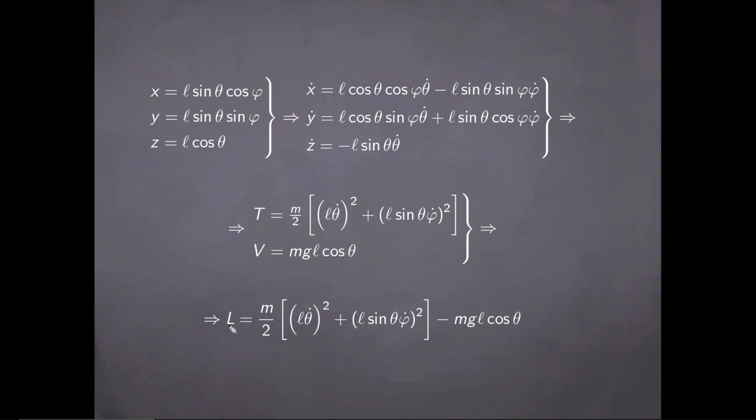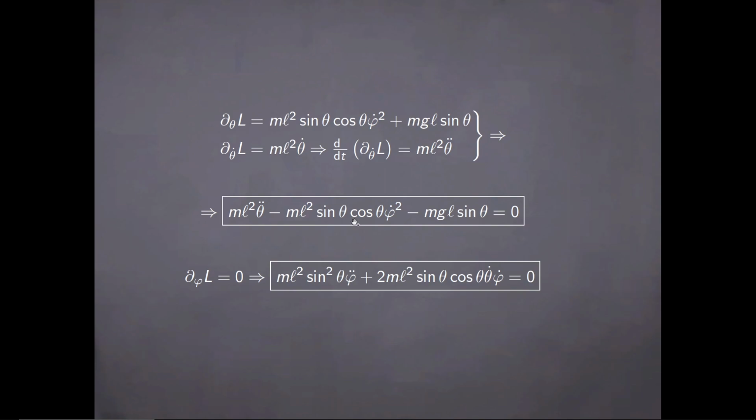So the Lagrangian follows very simply with the expression written at the bottom. And then it's a straightforward matter to calculate the partial derivatives and find the equations of motion, which are the boxed results. This is the equation for the angle theta, and this is the equation for the angle phi.